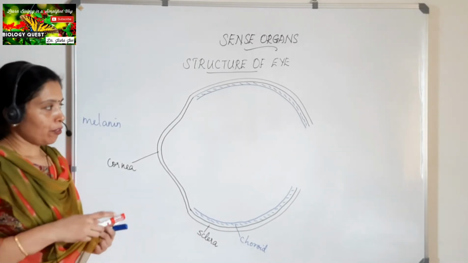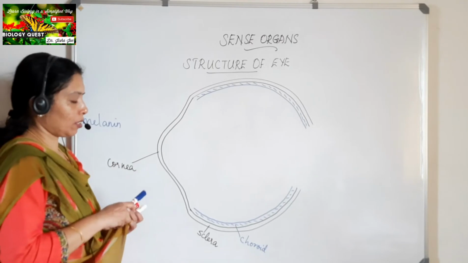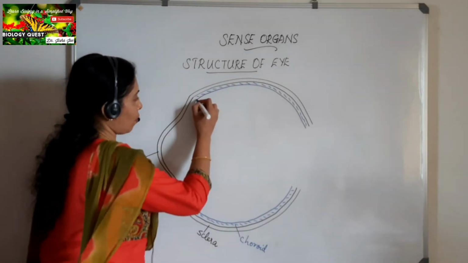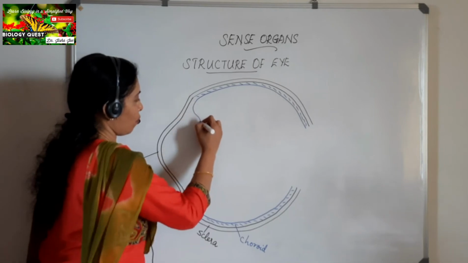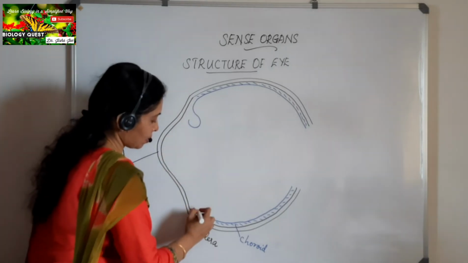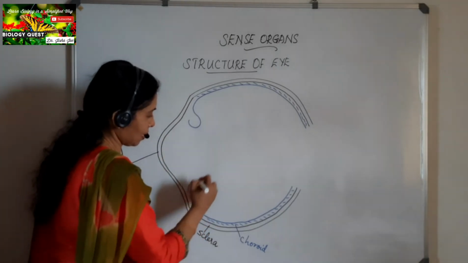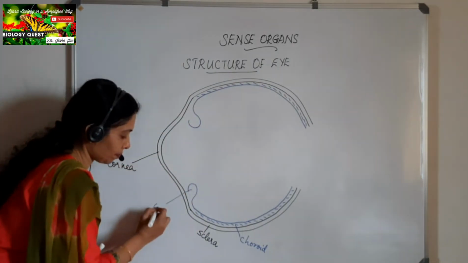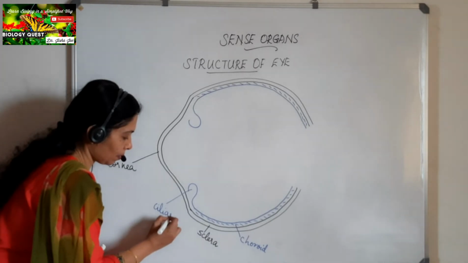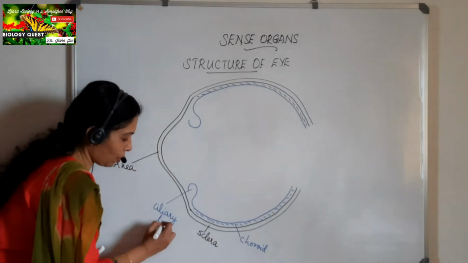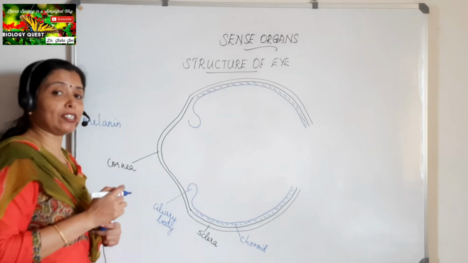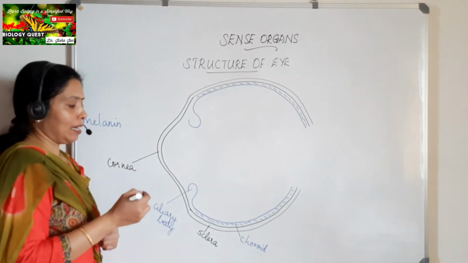Now if you move to the front region, the choroid is expanded at the front. The choroid expands to form a structure which is called the ciliary body. That is the ciliary body. The ciliary body is formed of circular muscles that help in changing the shape of our lens.